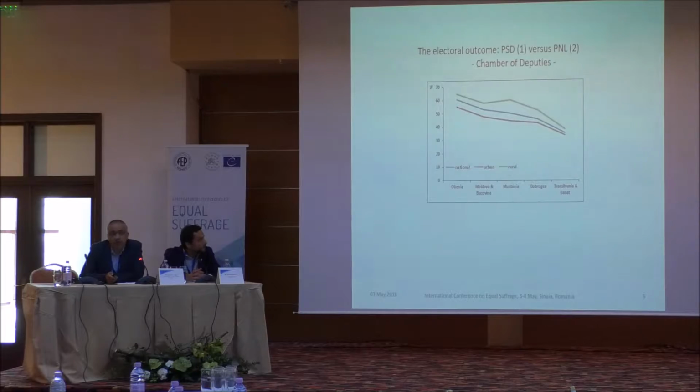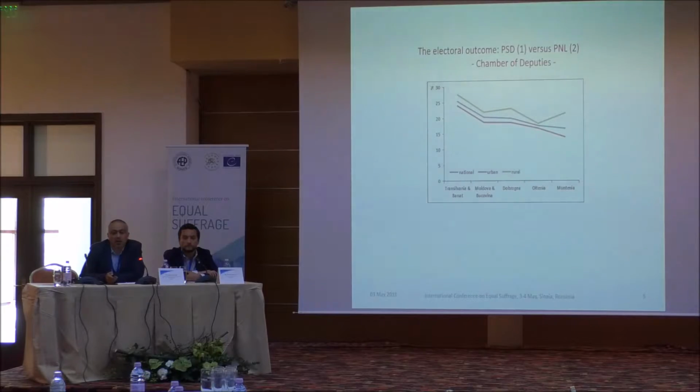For the Social Democrats, in all those regions, they come first. For Liberals, the same. It's a rural party, actually, or not a rural party, but a party with many votes from rural spaces. And this graph, this figure, is very, very suggestive.